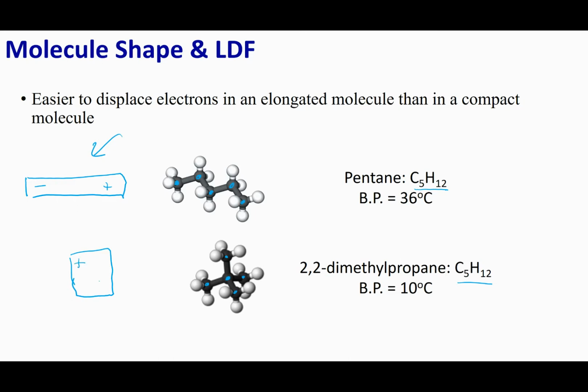The same cannot really be said for this. So the take-home message from this: long molecules are going to have higher boiling points than molecules that are shorter, assuming that they are composed of the same type of atoms and the same number of atoms.